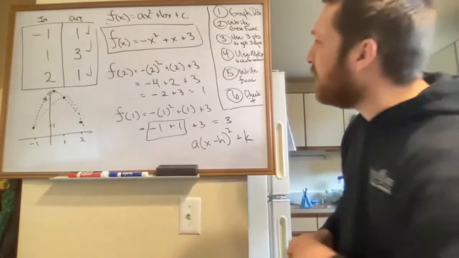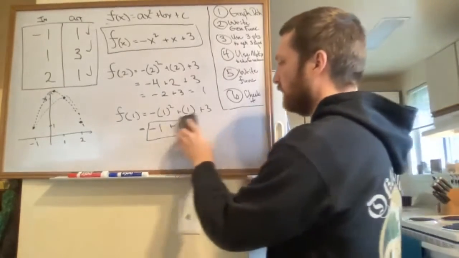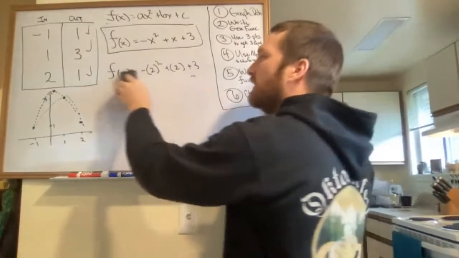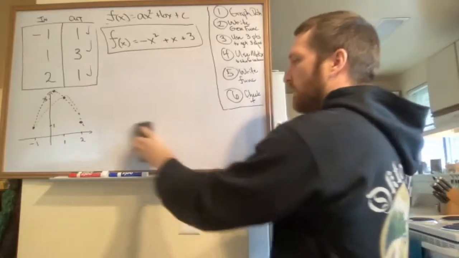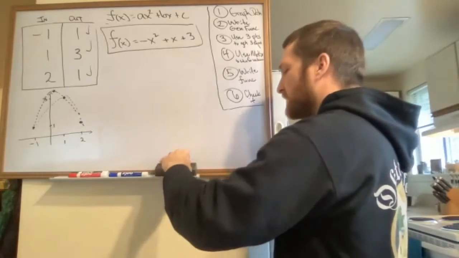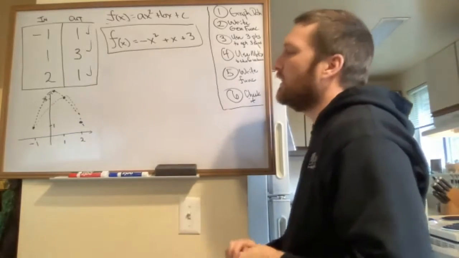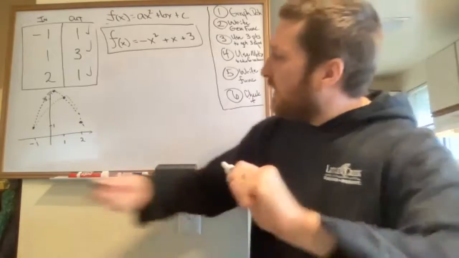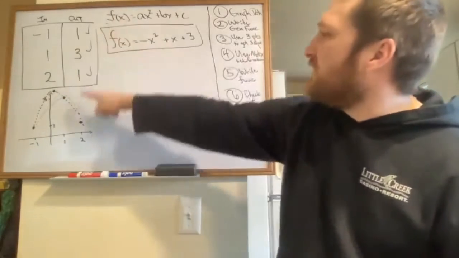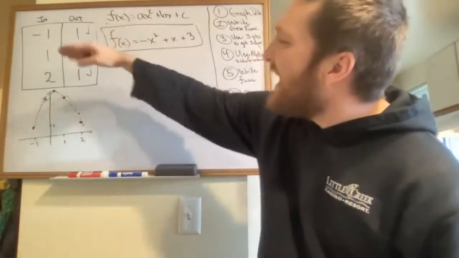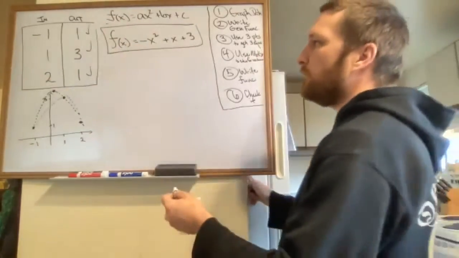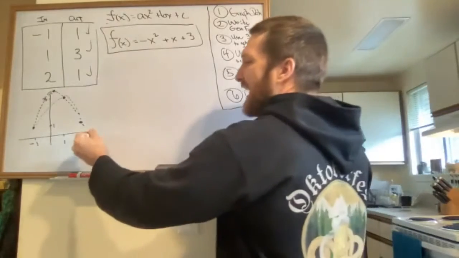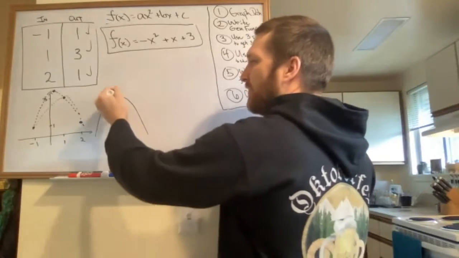And we'll go way into this when we actually talk about optimization, which is one of my favorite things. But we could say, okay, the output of this function, we want to know when is it at its highest? Well, it's a parabola, and so it's at its highest at the vertex.